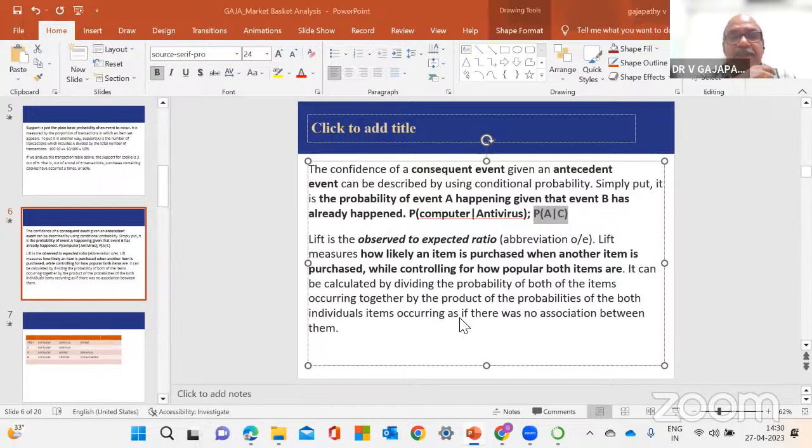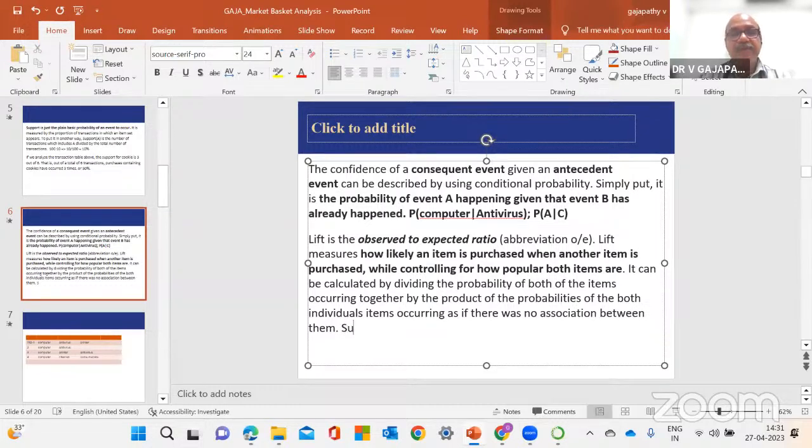of the calculation of MBA. Lift is calculated by dividing the probability of both of the items occurring together by the product of the probabilities of both the individual items occurring, as if there was no association. Now I am notating it. Instead of using the probability, I am using the concepts directly, because lift connects support and confidence.